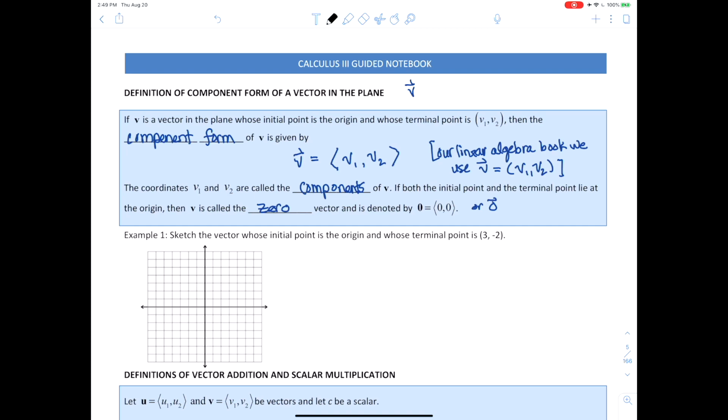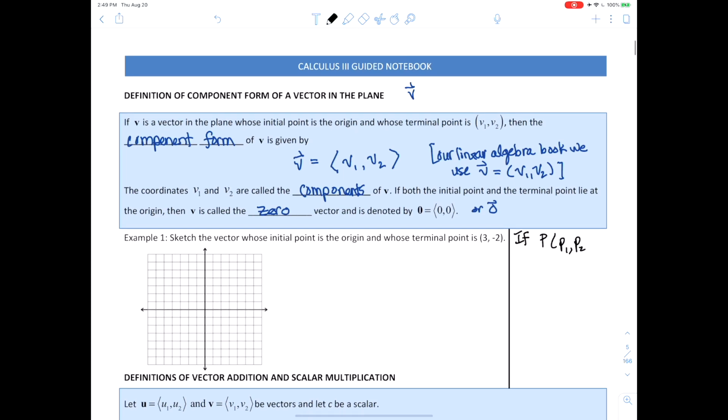we should have plenty of room right here. So if you have some point P, call it (p1, p2), we're just being in R2, is the initial point. And this point Q, call it (q1, q2), is the terminal point.